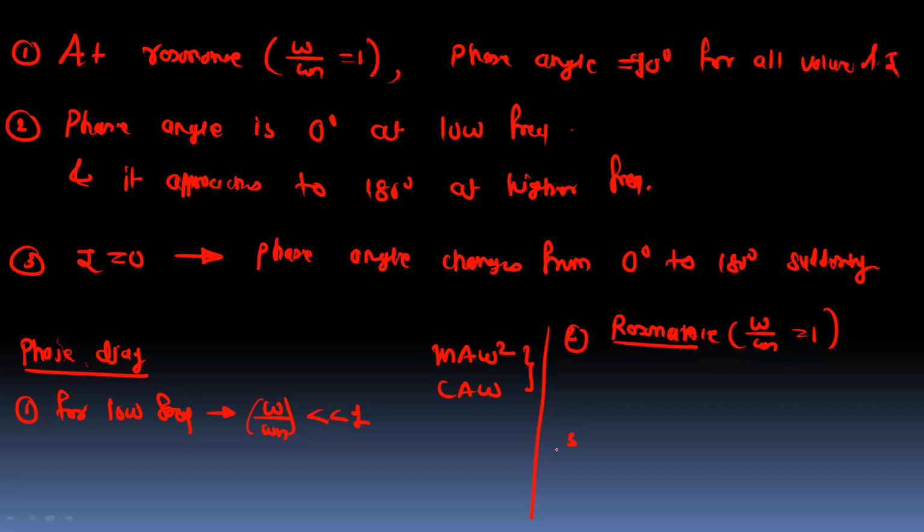And the third condition is at very high frequency ratio, that means omega upon omega n is very much greater than 1. Almost you will observe the phase angle as 180 degree at very high frequencies.